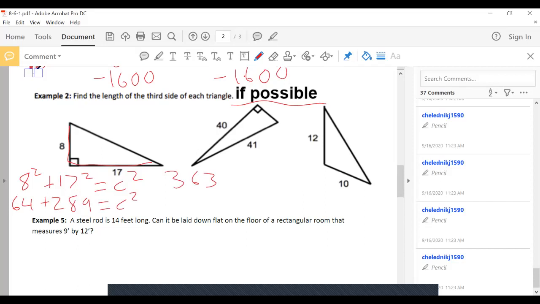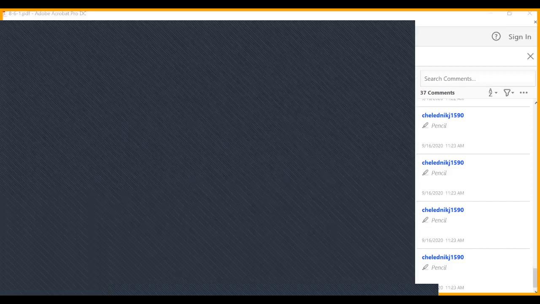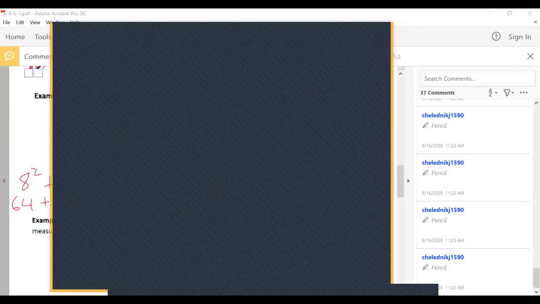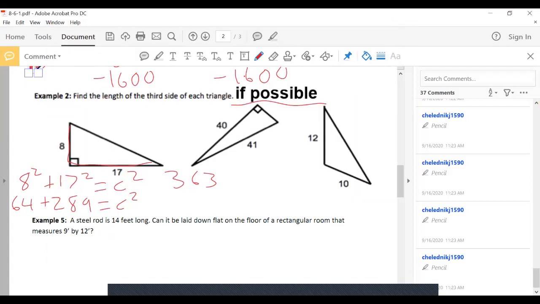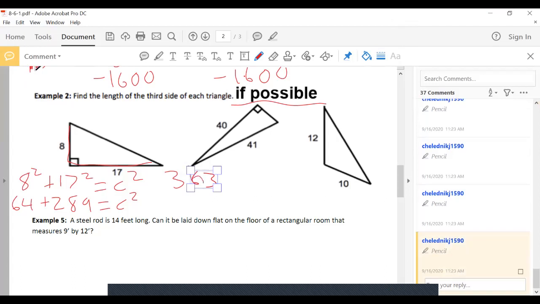I might want to check on a calculator. Hold on. Let's get the calculator. Let's just make sure I did 17 squared right. Yep, I did do that one right. And 64 plus, oh, you know what it is? Or wait, let me just make sure. 353, yes. So 353, oh, I put 363. 353, sorry. 353 equals c squared.